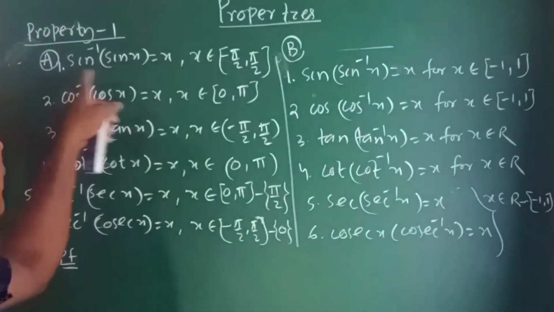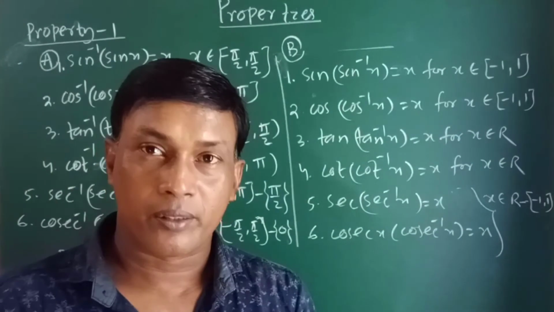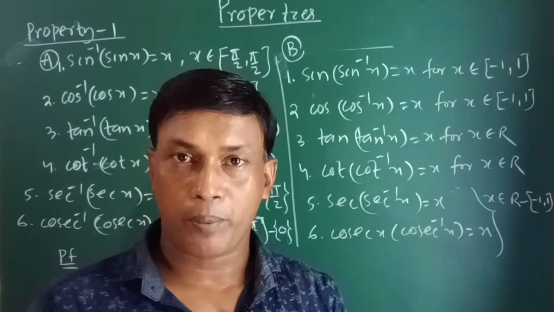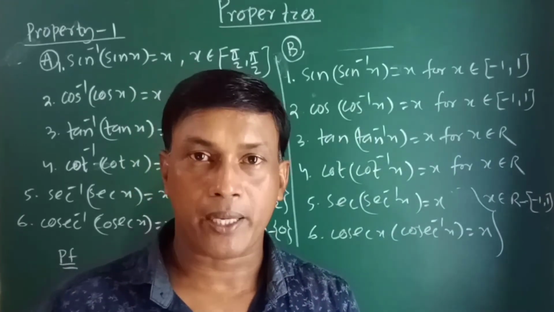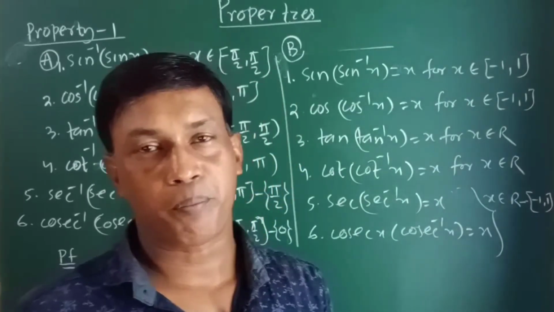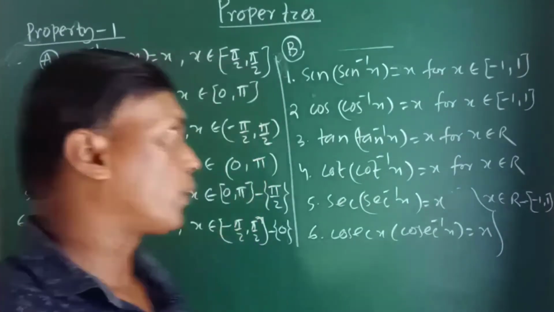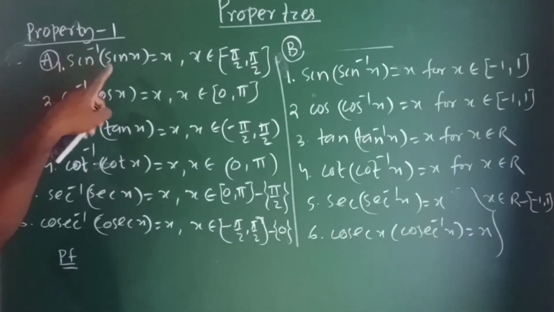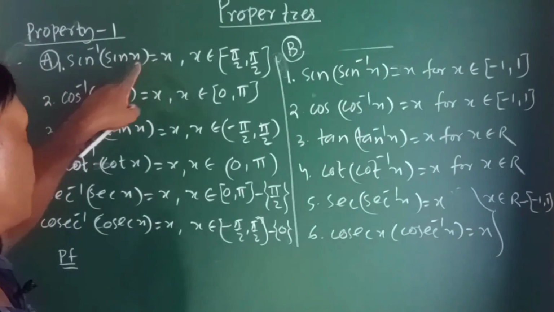Here we apply f of f inverse and f inverse of f, the composition of a function with its inverse. But what will the domain be? If the composition function sine inverse of sine x is equal to x, then x must be in the domain of sine x.